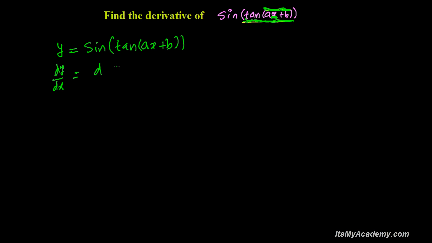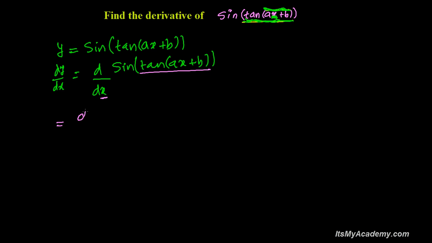So derivative of sine tan ax plus b with respect to x. But you know, I have told you when you put sine, cosine, tan, cot, sec, cosec, anything, has the power 1, then we have to differentiate with respect to its angle, and our angle here is tan ax plus b, but here it's not. So we need to differentiate this sine with respect to its angle.